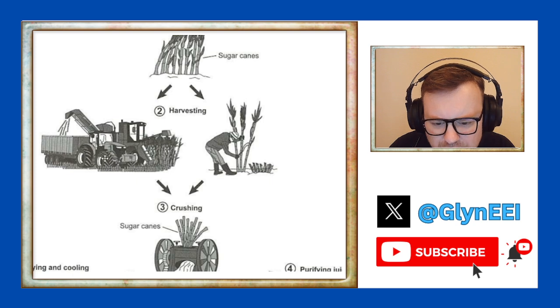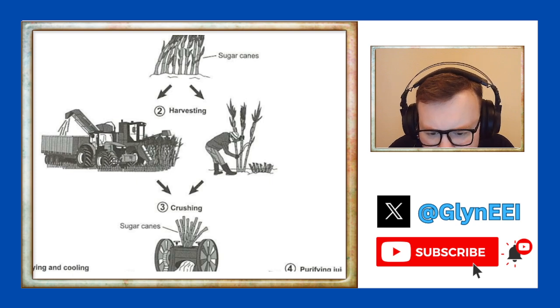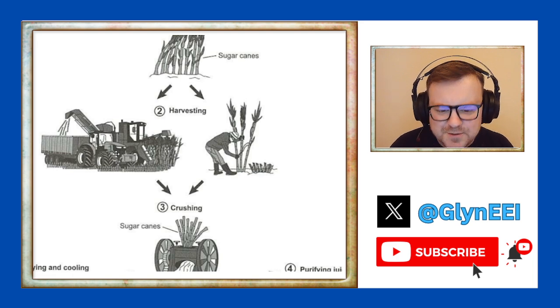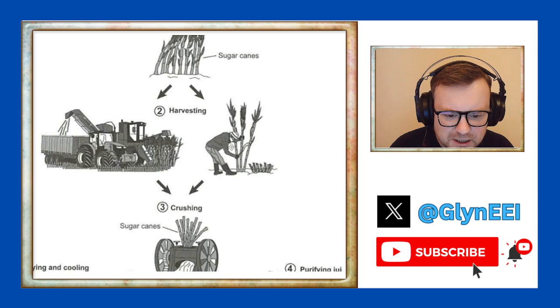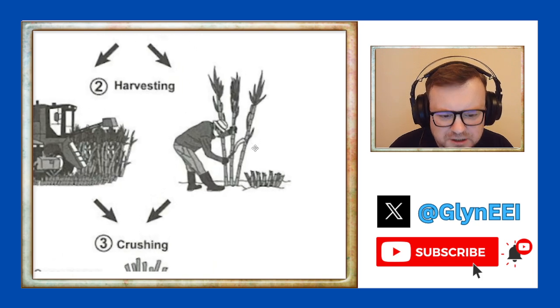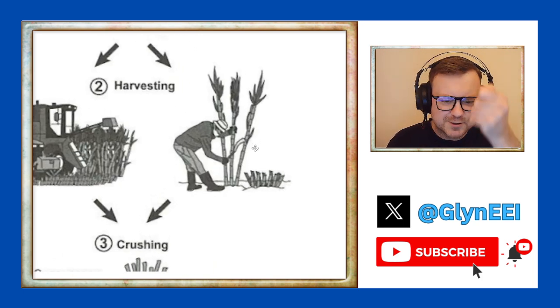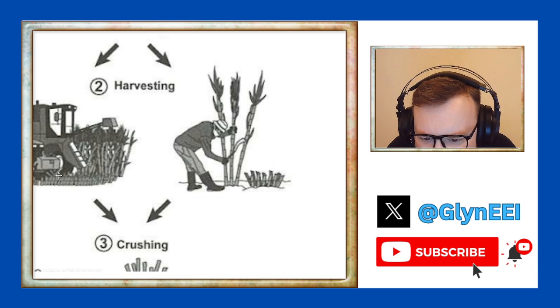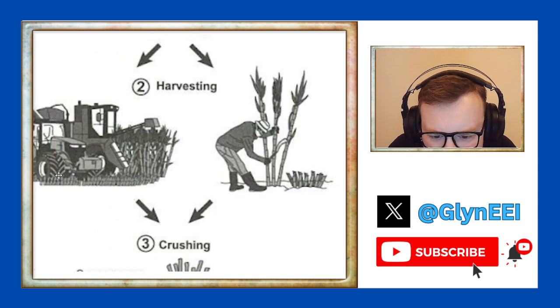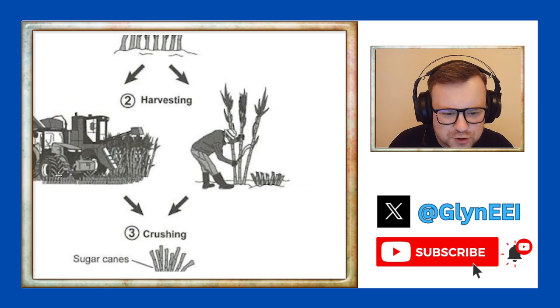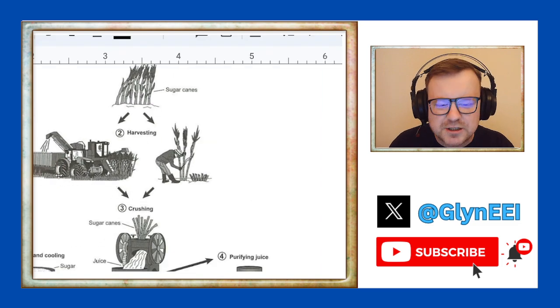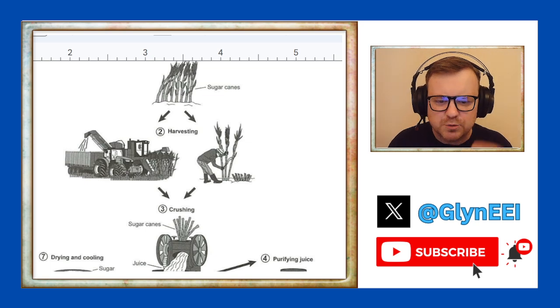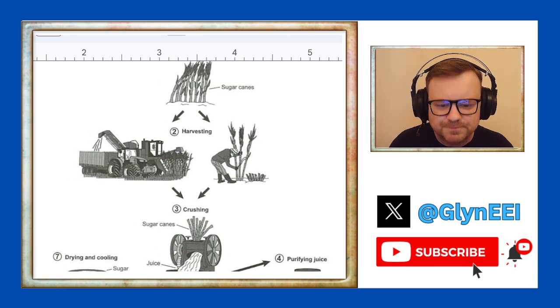Either we can harvest it using machinery, I guess there's some tractors or some other things, or we can do it by hand. You can see this person is cutting the sugar cane with this device. I'm not even sure what that thing is called, or we can do it with the machines. I think they're both doing the same thing. They're both cutting down those sugar canes. So in short, two ways of harvesting the sugar canes. One of them is with machinery, the other one is by hand.